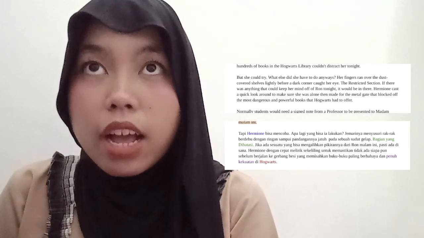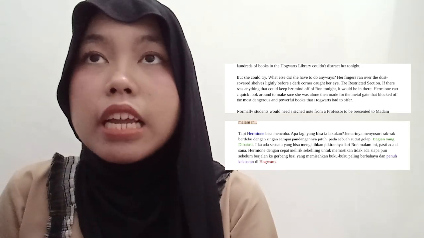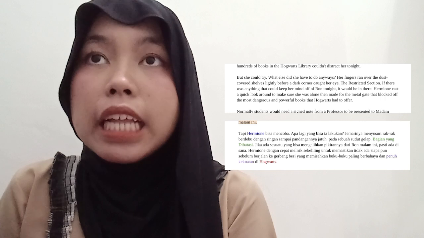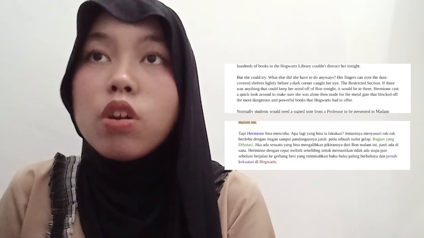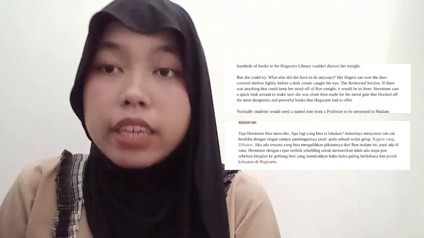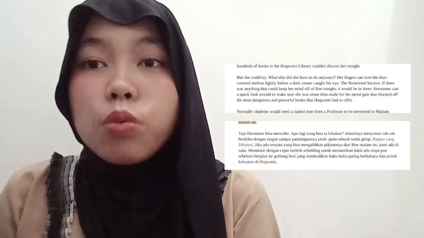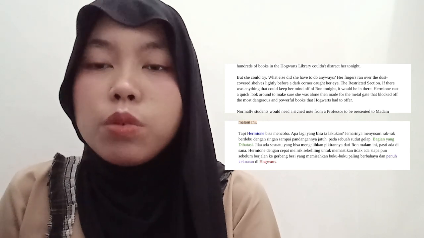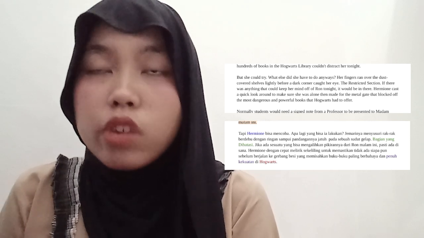Was translated as "Hermione dengan cepat melirik sekeliling untuk memastikan tidak ada siapapun sebelum berjalan ke gerbang besi yang memisahkan buku-buku paling berbahaya dan penuh kekuatan di Hogwarts." There is additional words like penuh kekuatan. These words were included to clarify the descriptions and add a dramatic effect.